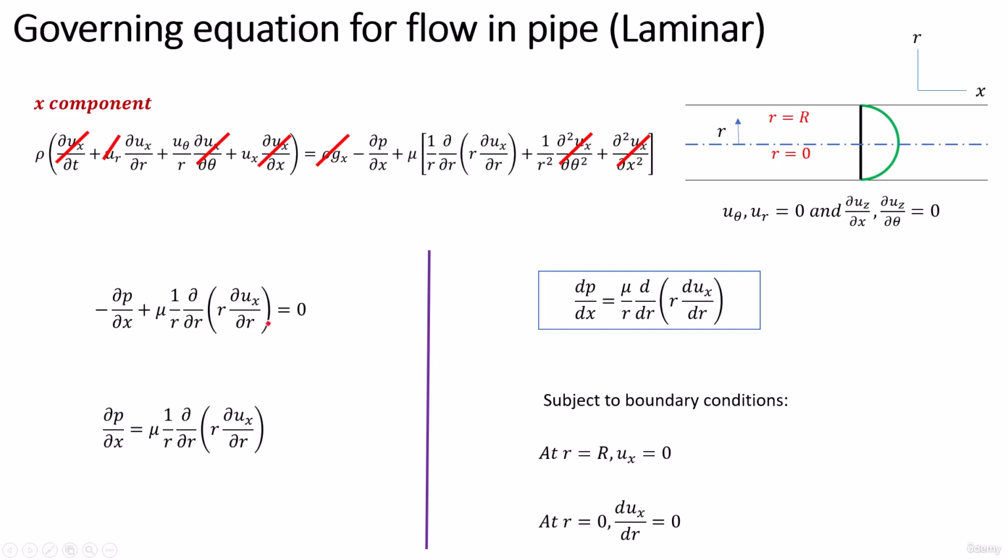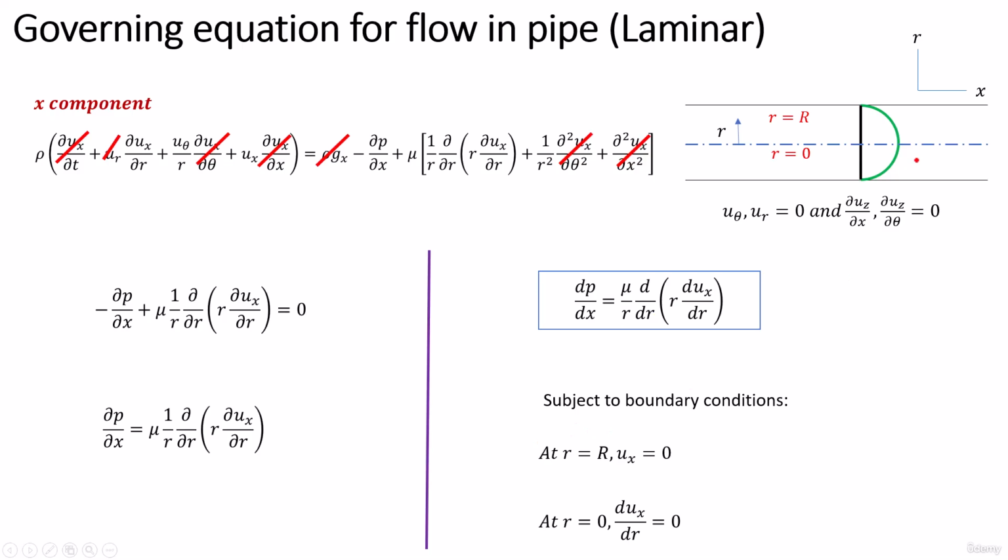You can put them this way, simplify, and take the pressure term to the right hand side, where it becomes a positive term. Because this is only a single variable, we can change the partial derivatives to simple derivatives. So dp/dx is equal to mu over r, d/dr of r du x/dr.